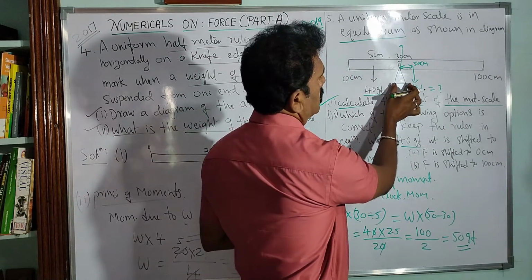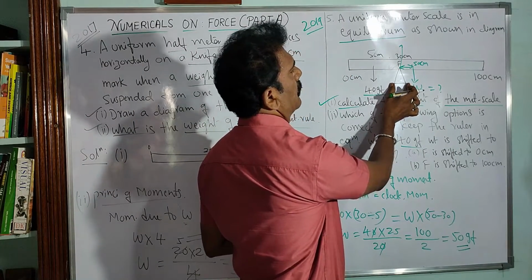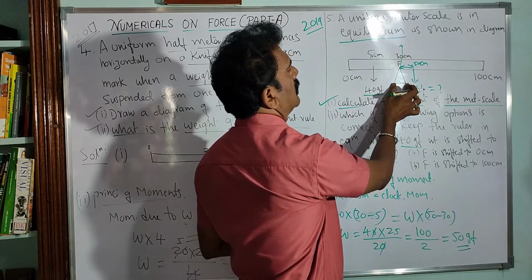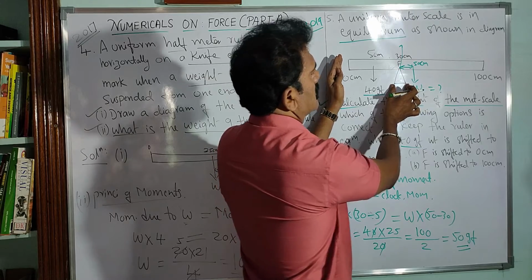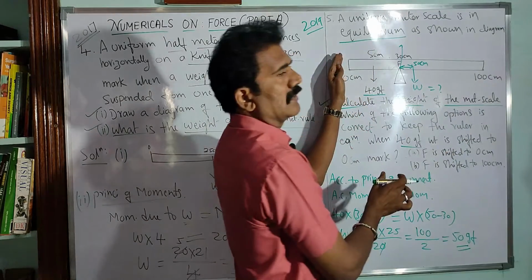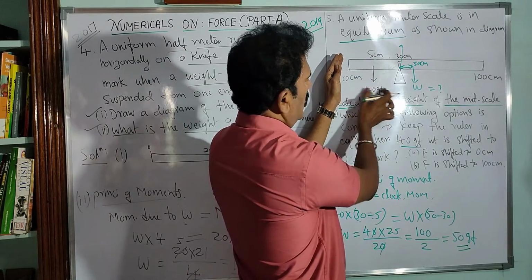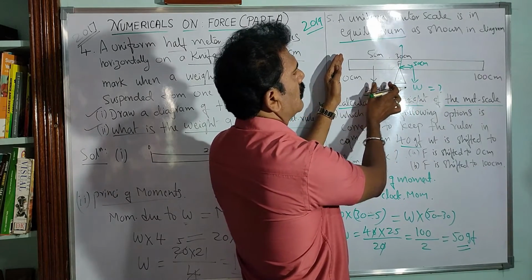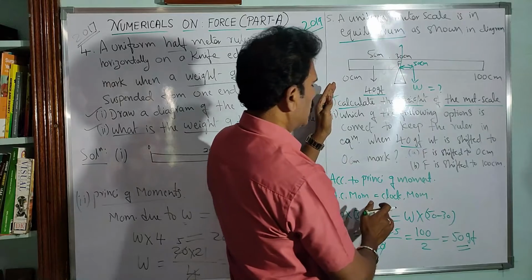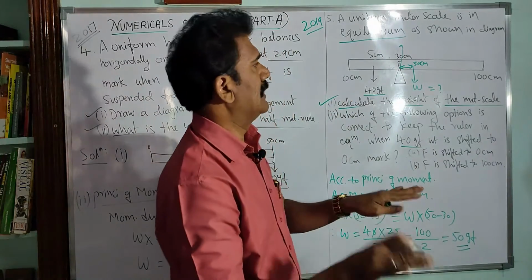In order to balance the total force, that is 40 gf and this 50 gf, we need to change the position of the fulcrum. So instead of 30 centimeter, you have to shift towards 0 only, because it is not possible to shift towards 100 centimeter. As you move the 40 gf, the fulcrum also should be moved towards it. Then only the clockwise moment and anti-clockwise moment will be balanced.